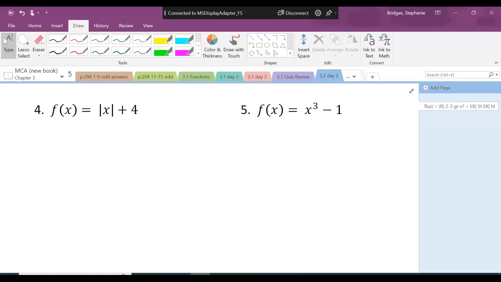With the absolute value, what's the absolute value of a negative? A positive, right? So with this one, it's going to seem a bit different.